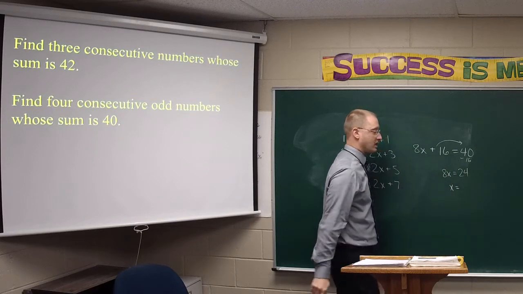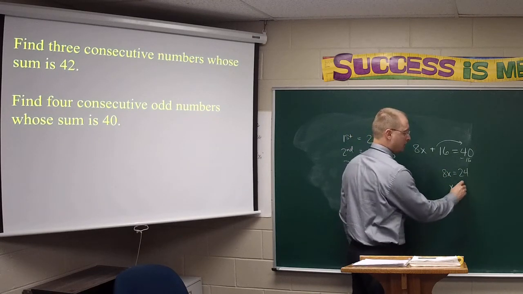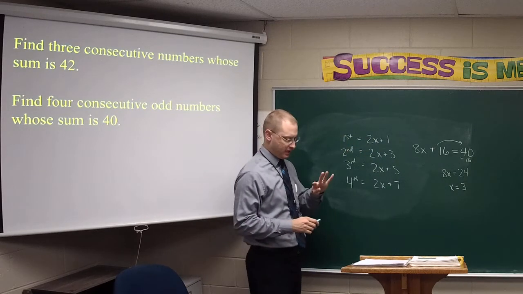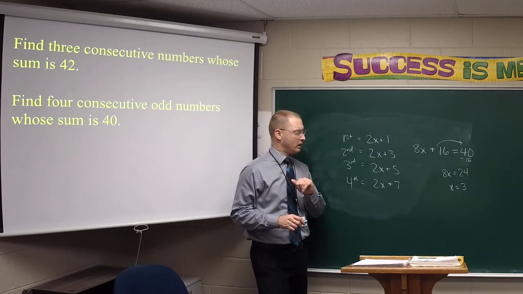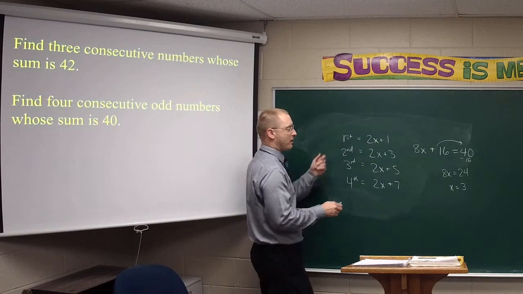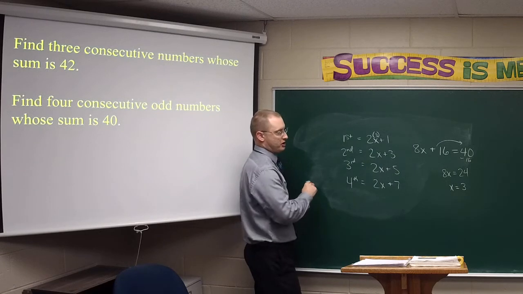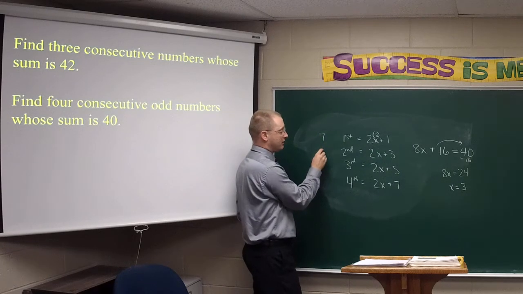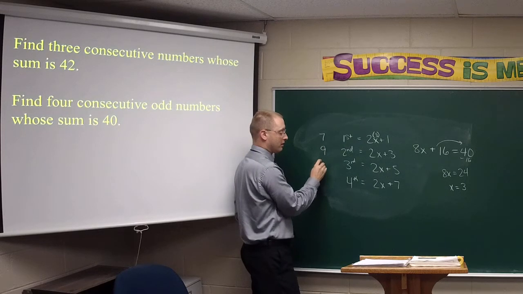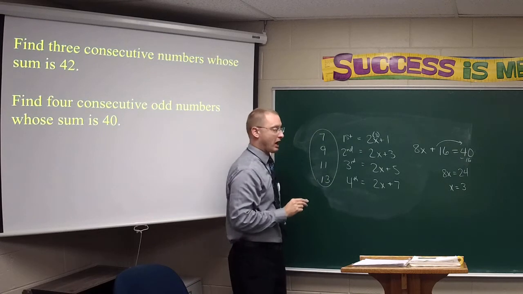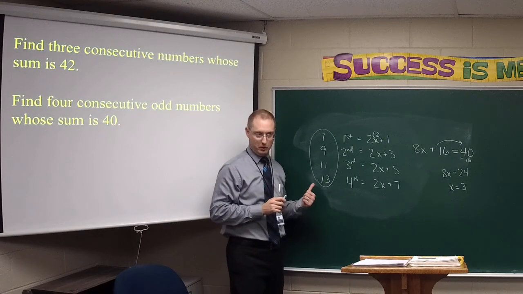And we end up with x equals 3. Now, some students have fallen into the trap of saying, wait a second, 3, 5, 7, 9, that does not add up to 40. But remember, x isn't your first number. Your first number is 2x plus 1. So what is your first number, class? 7. Then the next number? And there are your consecutive odd numbers that add up to 40.